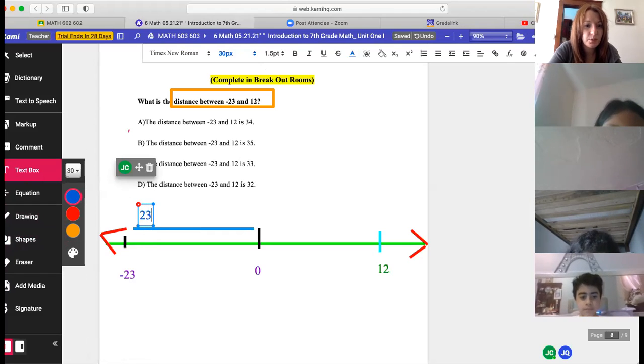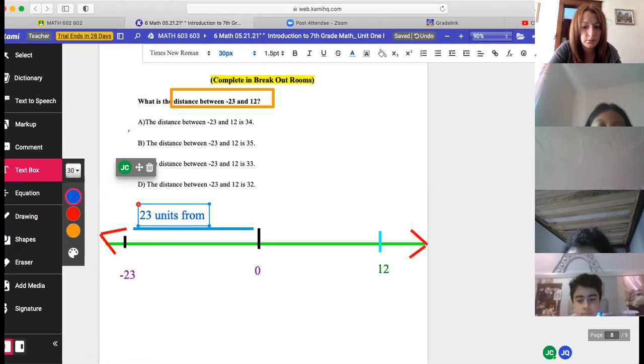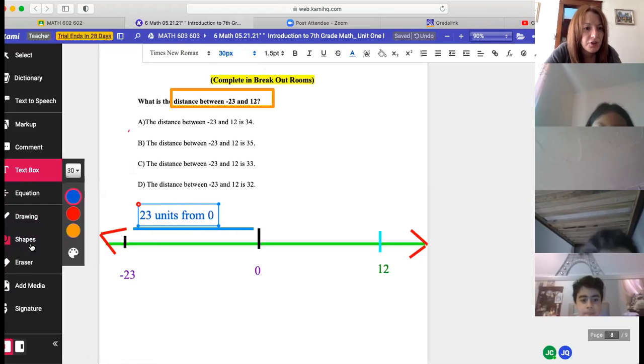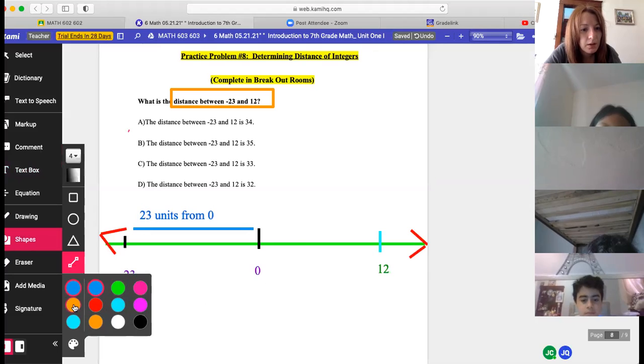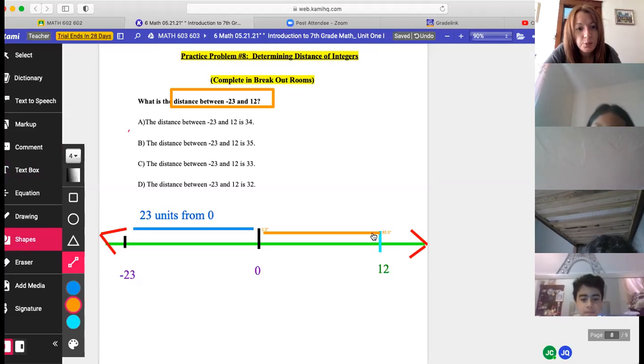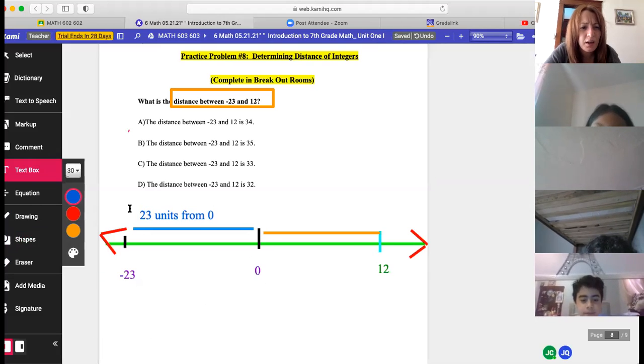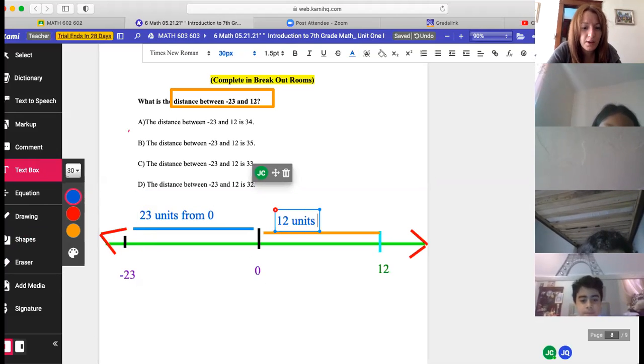Okay, so we're going to write that it's 23 units from 0. The next question is, how far is 0 from 12 on my right side? She said 12. I agree. Good job, guys. 12 units from 0.